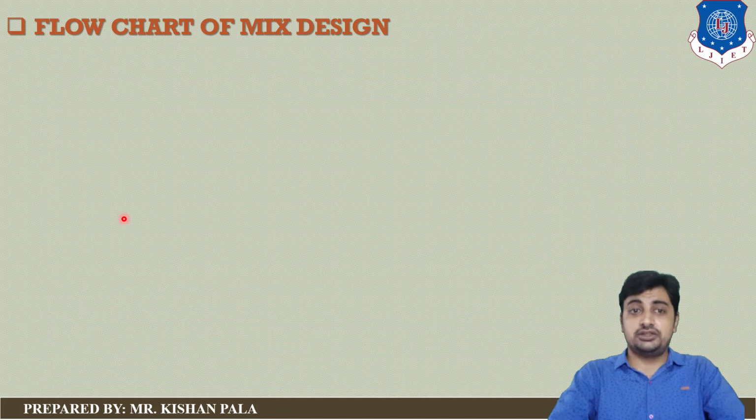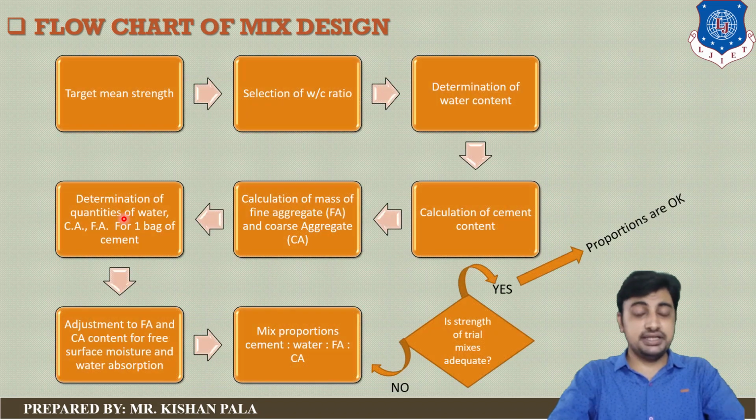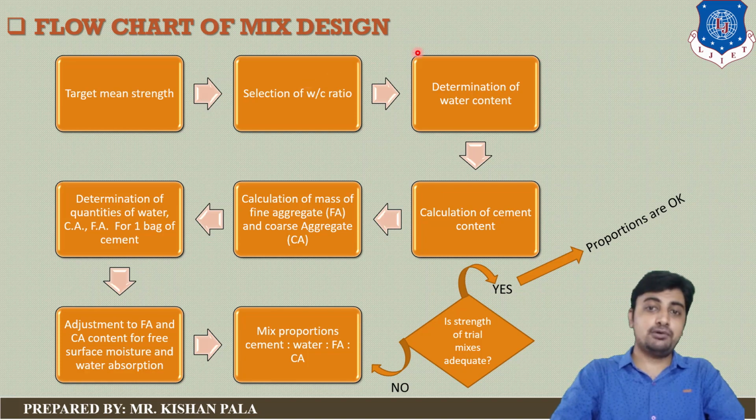Here you can see the flowchart of mix design. First of all, we decide the target mean strength. After finalizing the target mean strength, we have to finalize the water cement ratio. After that, we have to find out the water content for the particular mix, and then we have to calculate the cement content.